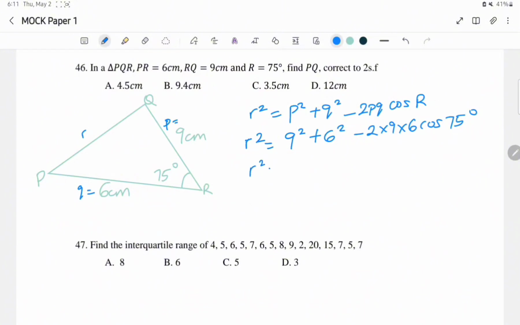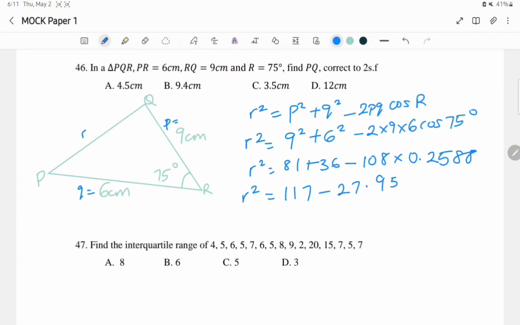That means r squared is 81 plus 36 minus 108 times cos 75, which is 0.2588. So r squared equals 117 minus the product of 108 and 0.2588, which is 27.9504.